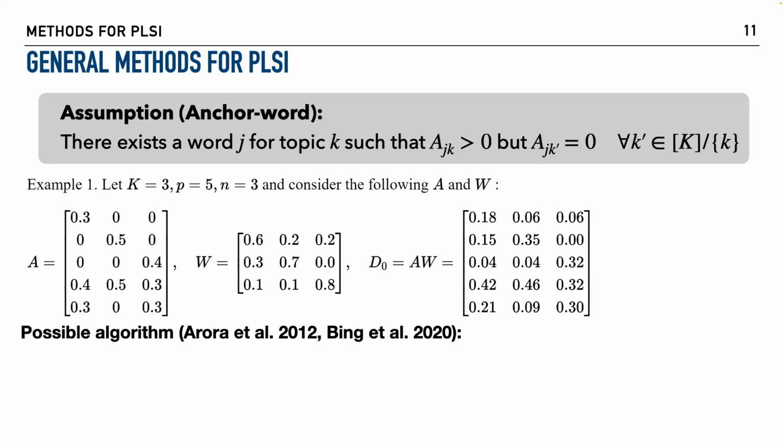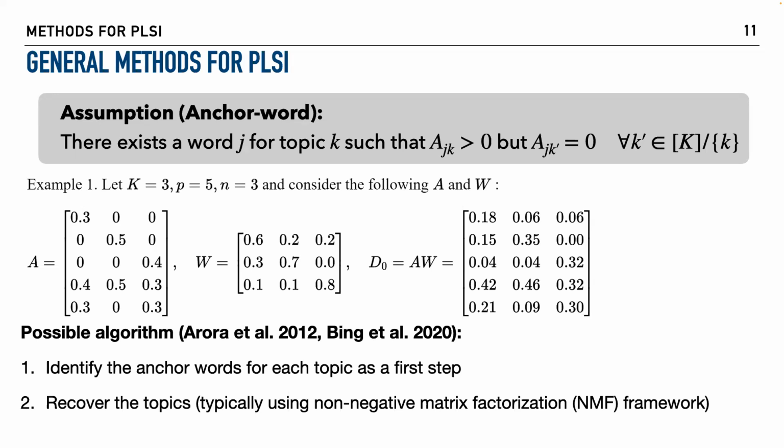Now, this assumption also gives rise to a number of algorithms. I put some references here to show the way all these algorithms approach the problem. The idea is that you first have to identify anchor words for each topic as a first step. Once you have the anchor words, you can typically recover the topics, and I'll get into the detail of that in just a second.